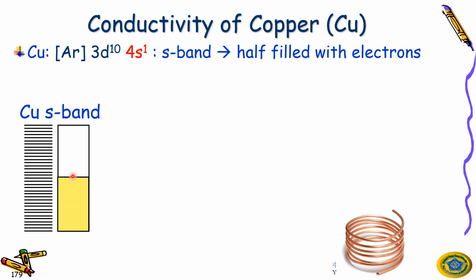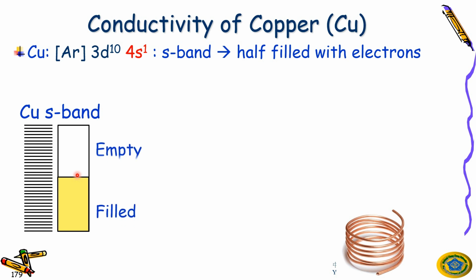So these are all electrons here. There's no electron here. Okay? And imagine if we have 1 electron that wants to jump from here to here, to become a free electron. How much energy is required to jump from here to here? Very little, right? Very little.